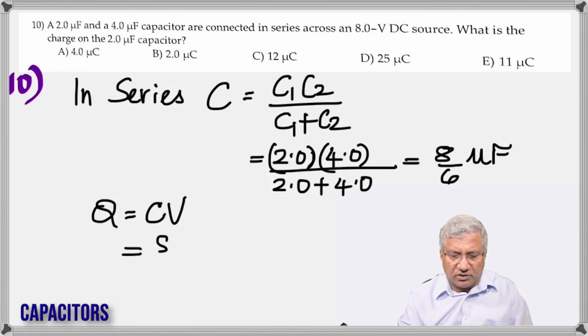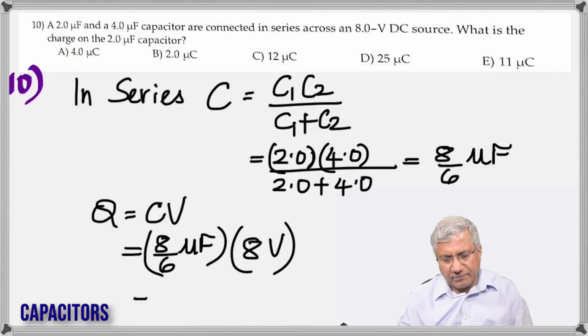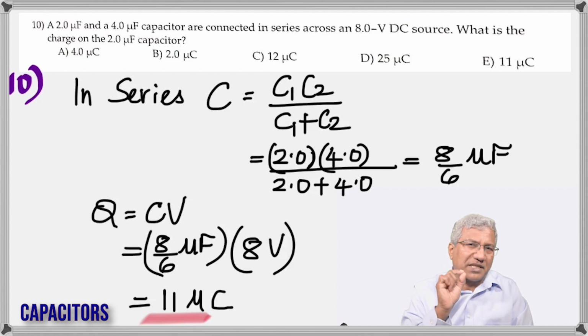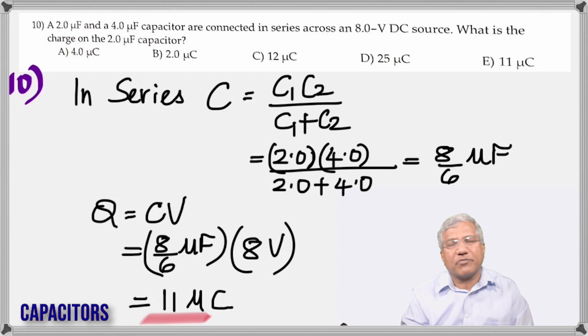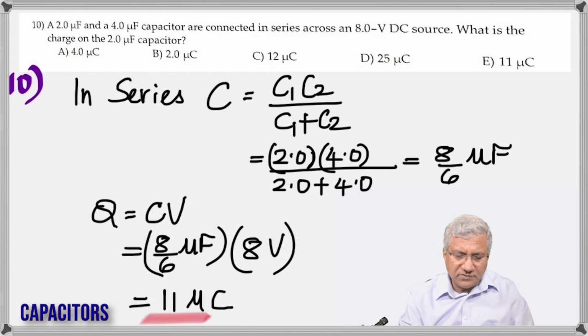And then find the charge by using this capacitance into voltage. That's all. That is 64 by 6, which is 11 microcoulomb. So because I have the capacitance as microfarad multiplied by voltage, you're going to get 11 microcoulomb. Be careful about that. Okay, so that is the charge on both of those capacitors.